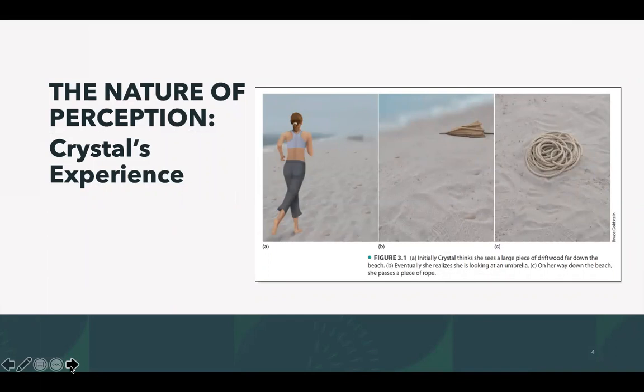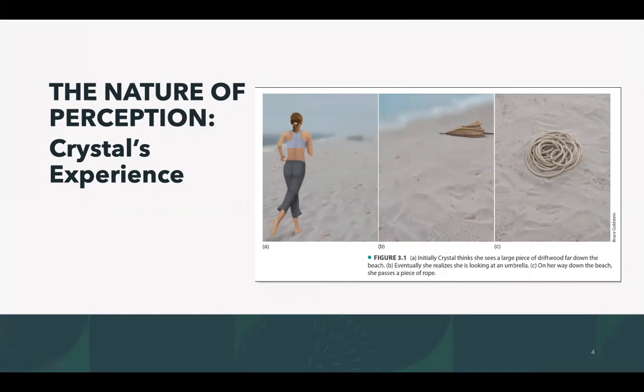So here's a girl named Crystal. She is running along the beach in the early morning, and while she's running, she looks down the beach and notices something about 100 meters away that was not there yesterday, in these pictures. At first, she thought that it was driftwood.